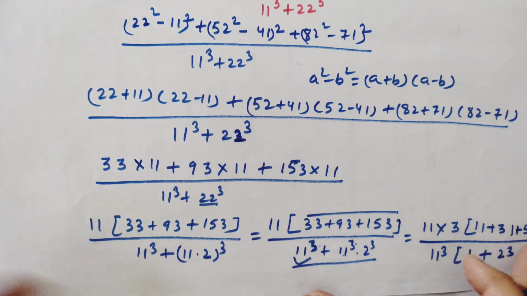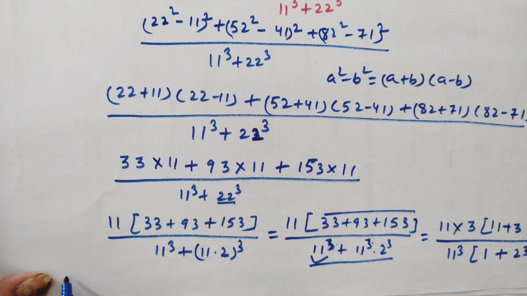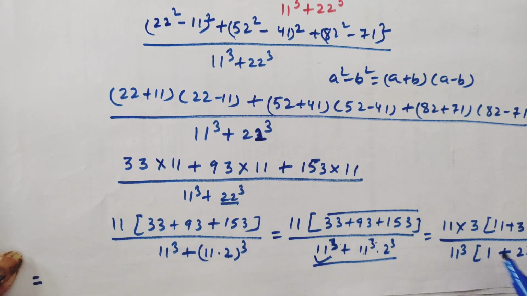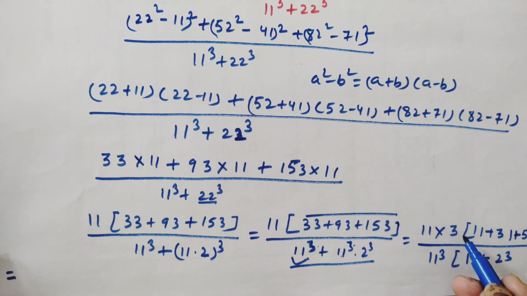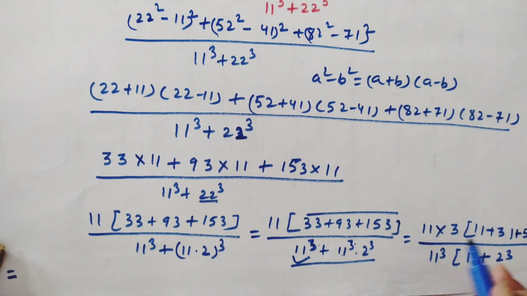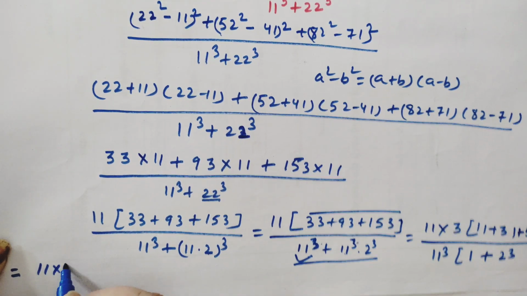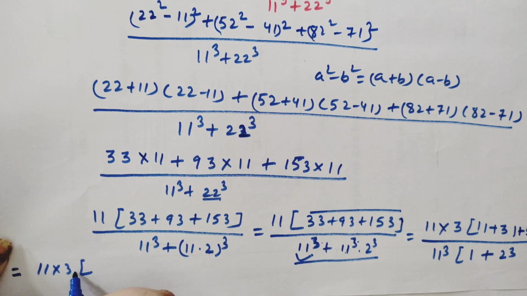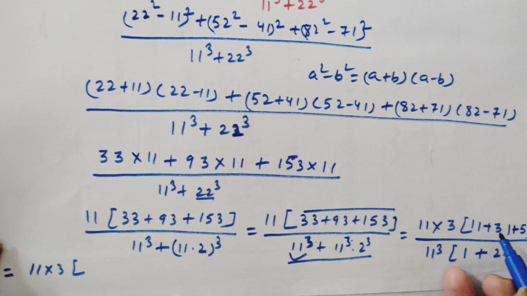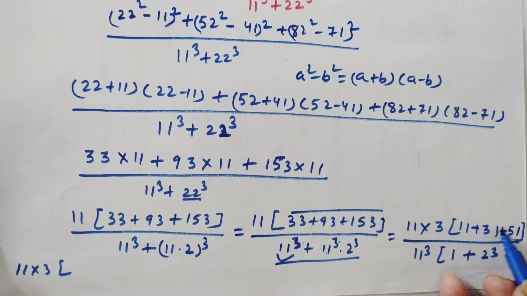Now see, this 11 into 3, do not multiply it. First of all, we will write 11 into 3 as it is. And now we will add these terms 11, 31 and 51.